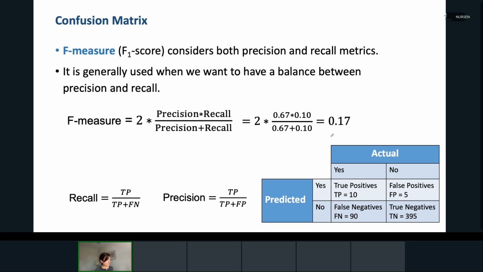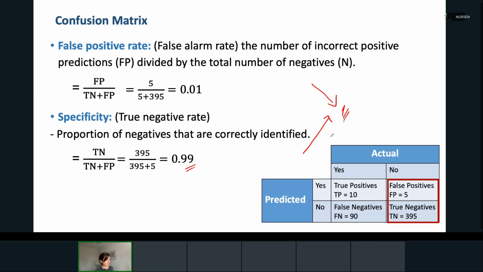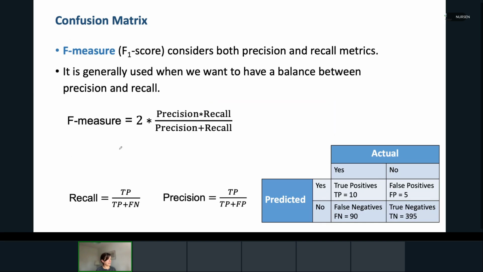So if we go back and remember what precision and recall are, or maybe I can just explain here. Recall is focusing on the percentage of churners identified correctly. So here, for instance, it is about the actual churn cases. We have 100 churn cases and we identify 10% correctly. So our recall here is 0.10.